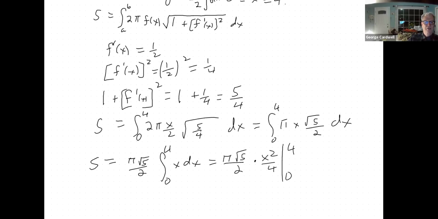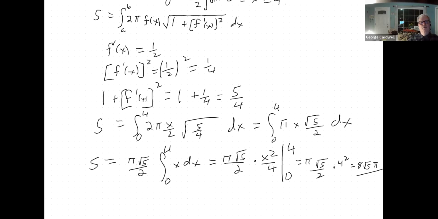The 0 won't matter, so you're going to have pi root 5 over 2 times 4 squared, which is 16, divided by 2 is 8, so I'm going to have 8 root 5 pi as my final answer.